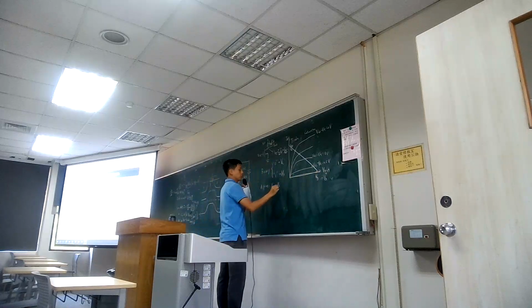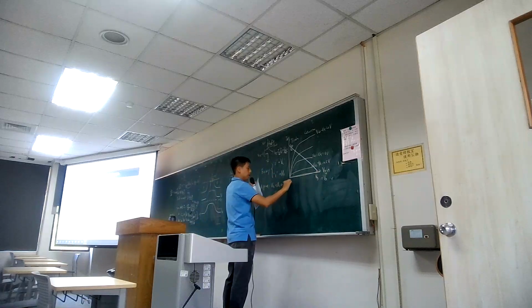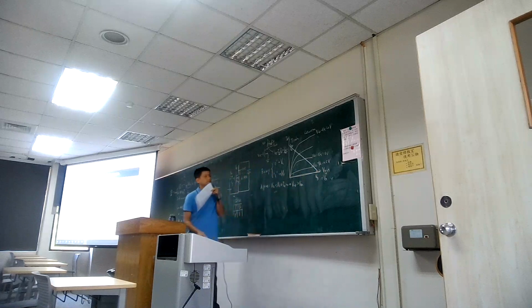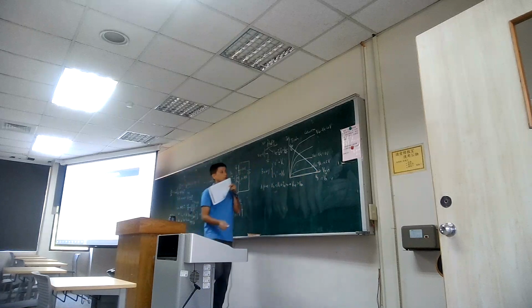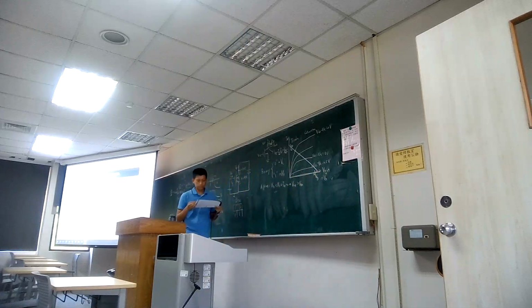Okay, when VGS is smaller than VT, what do you get here? So you get no driving current. You get this V out as high voltage. So we label this one as point A.